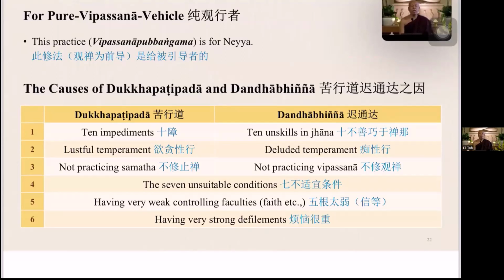Then lustful temperament. Okay, now what is lustful temperament? That means we are very easy to have attachment to something or somebody. So when we visited somewhere, the women see something, oh, it's very nice. It looks very good, for example, right?